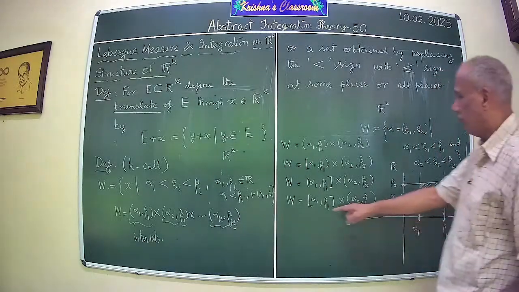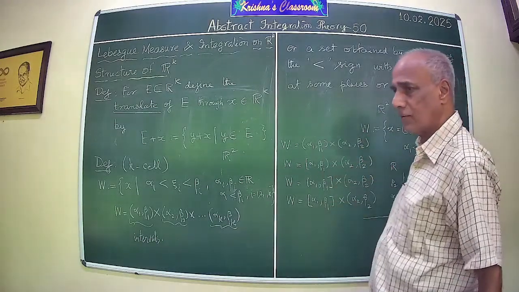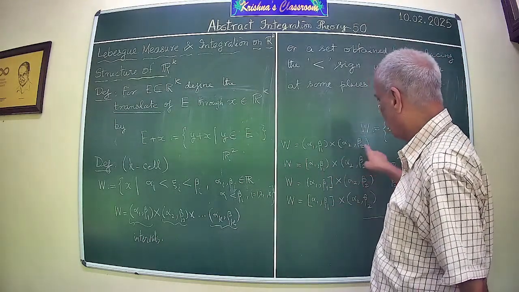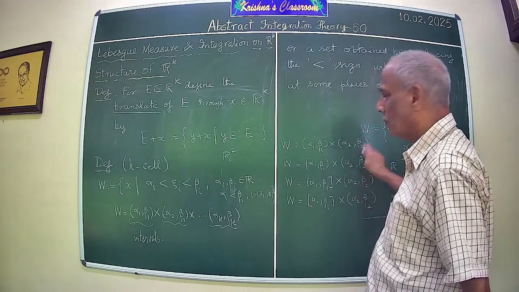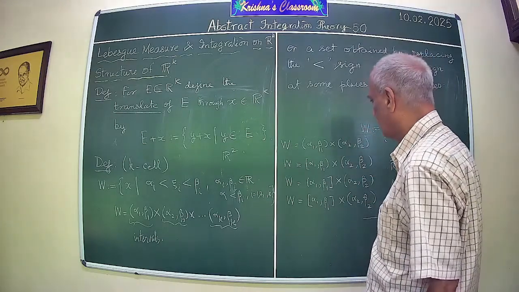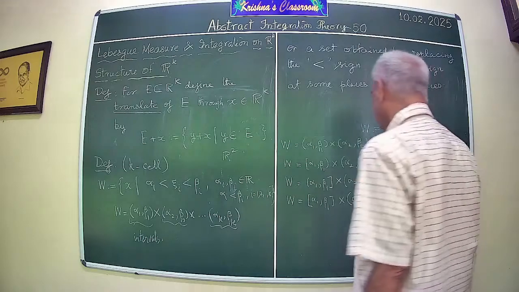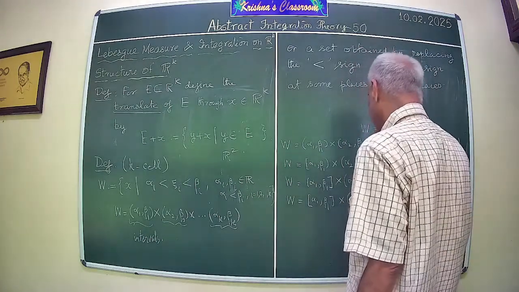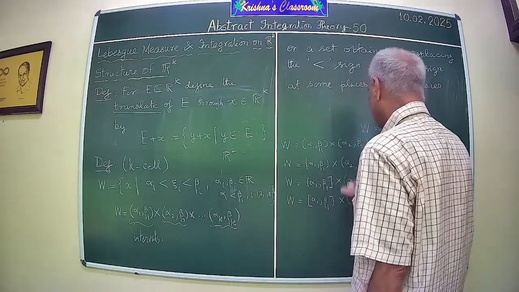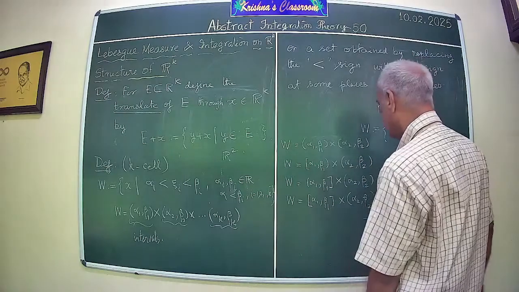So there are 4 different ways in which you can have this interval, keeping this as an open interval. Now, how many different choices are there here? There are 4 different choices.